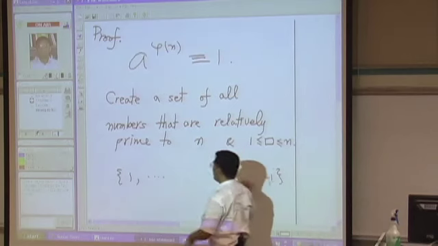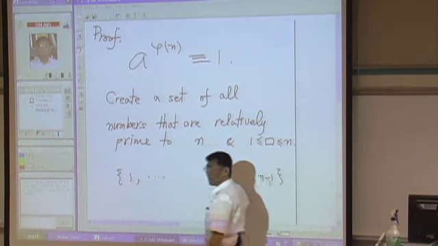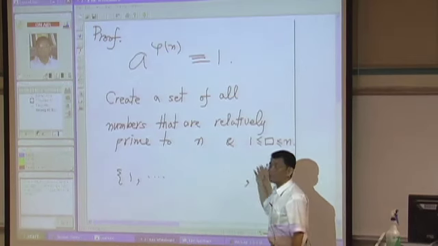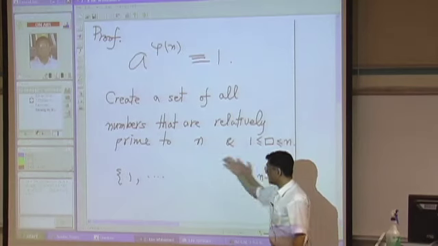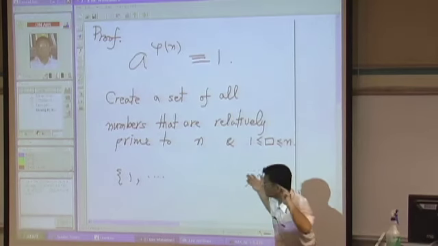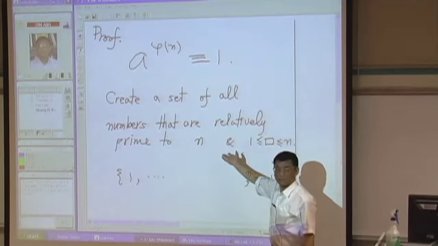These kind of numbers are relatively prime to n. We don't know what kind of numbers will come, but what we know is how many. How many numbers can you find in this set? Relatively prime numbers to n.